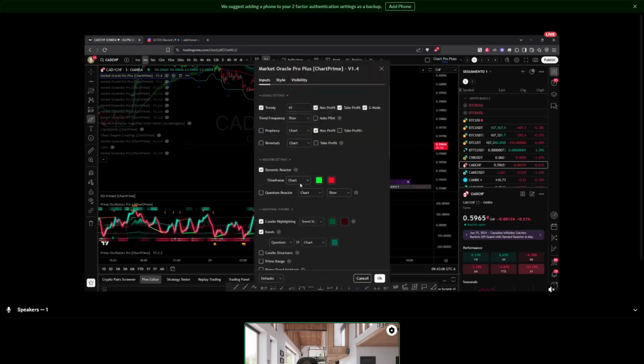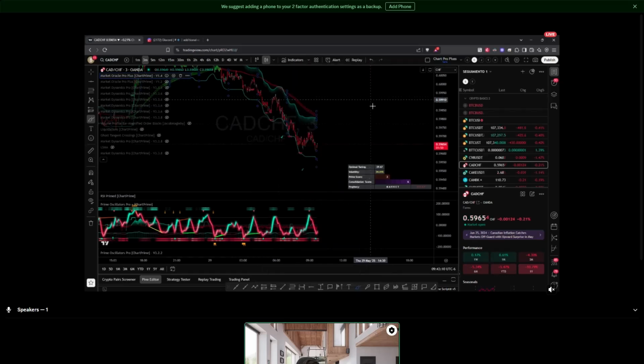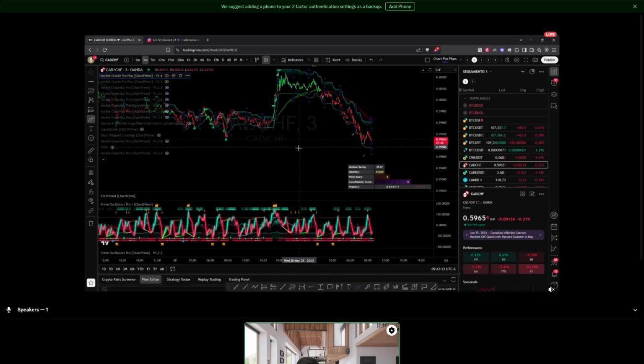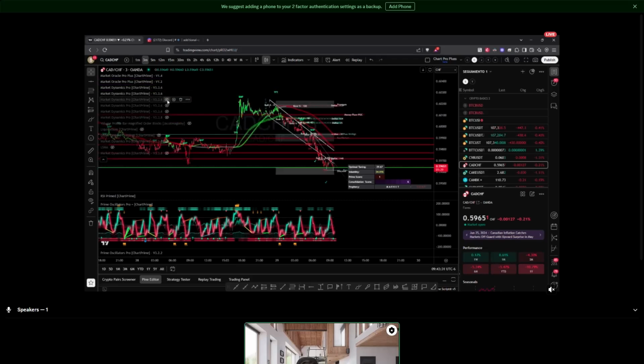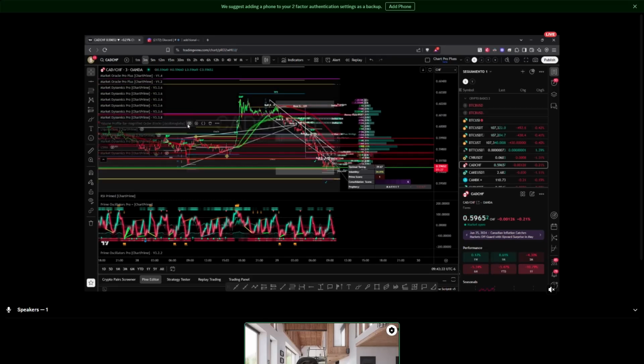Let me just get rid of these bands. I don't know about you, right? But I'd rather be able to have a much cleaner chart, right? That I can add or subtract stuff, right? You see how clean that becomes? Versus pushing everything all together in one single layer.